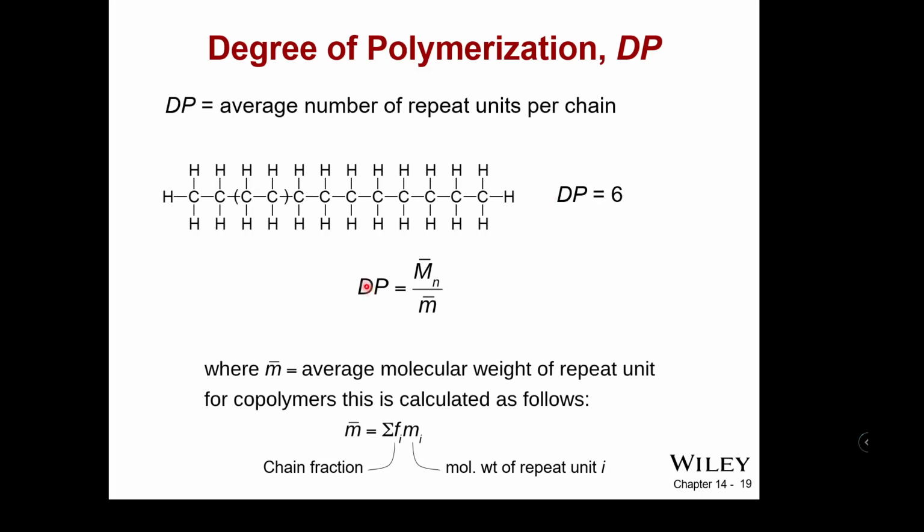So the degree of polymerization is proportional to this average mass over the average molecular weight of a repeat unit. So the way that's calculated is we take a chain fraction and a molecular weight of a repeat unit. We sum all of those chain fractions and the molecular weights to get an averaged molecular weight of the repeat unit.